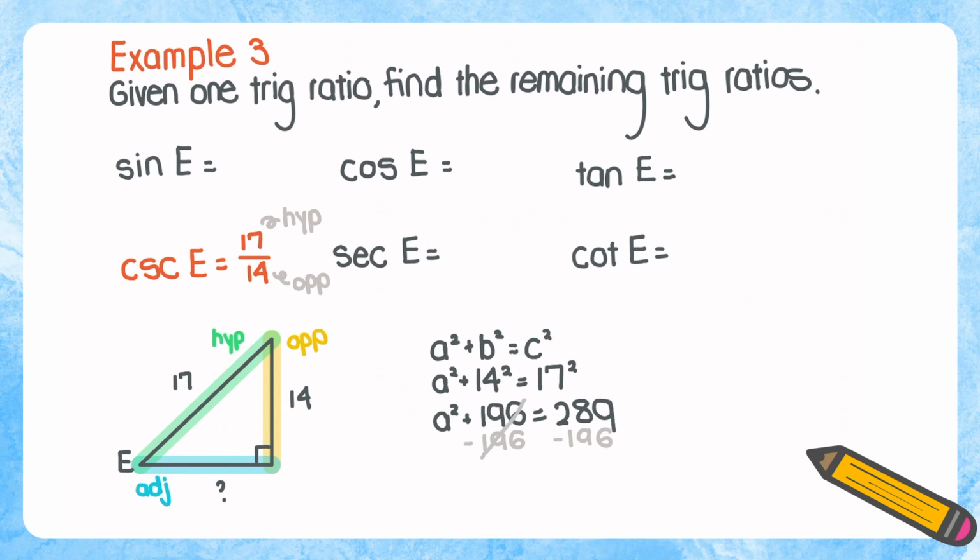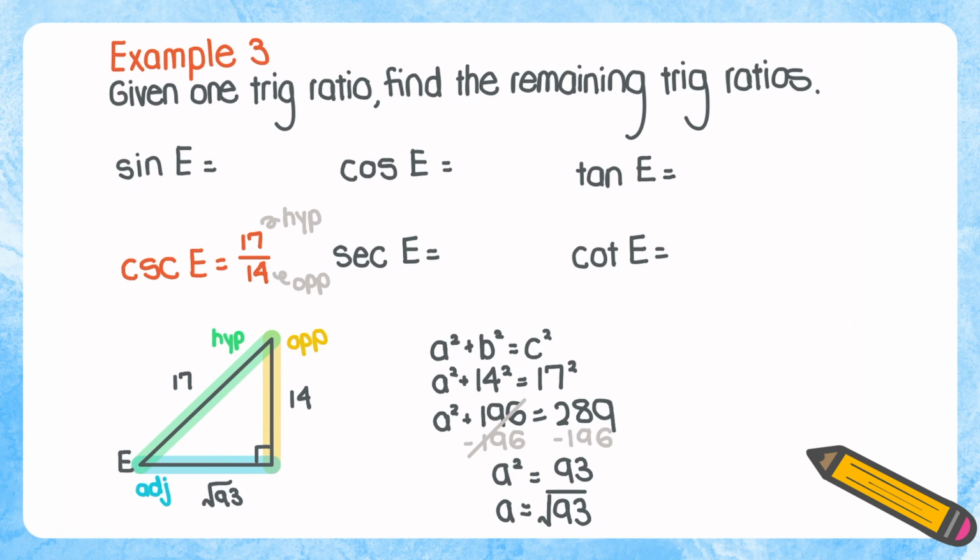This cancels out. We have a squared equals 93. I take the square root to get a equal to radical 93. We can't simplify this, so let's just leave this as is. Radical 93. Now we can find the 5 remaining trig ratios.